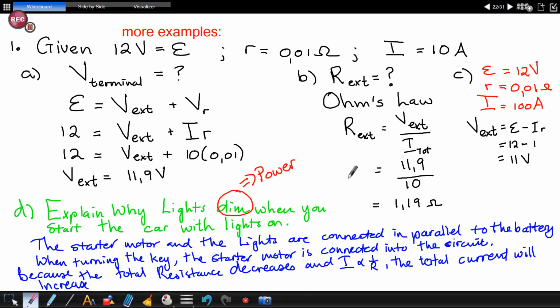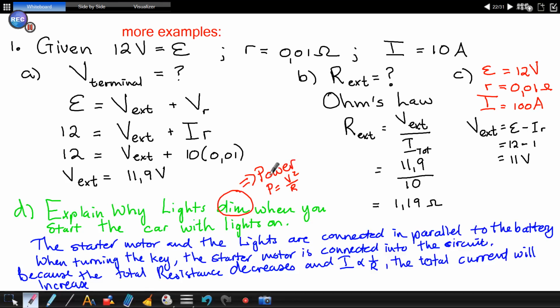I know I didn't have a chance to talk to you about grade 11 work, but we referred to this last year. So power can be calculated. There are a few equations that we can use to calculate power. One of them is power is voltage squared over resistance. Now the lights, their resistance won't change.